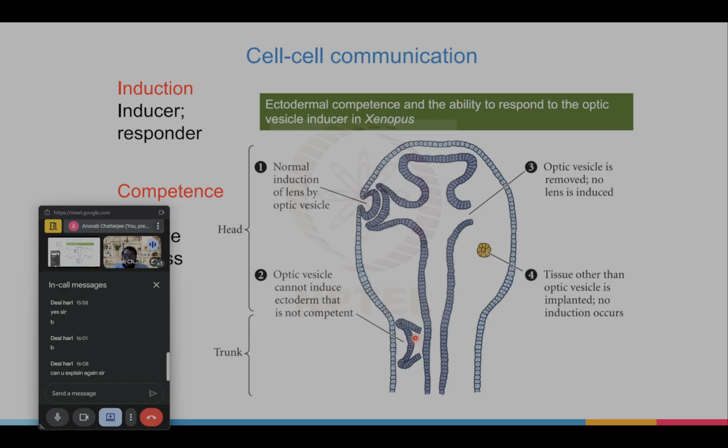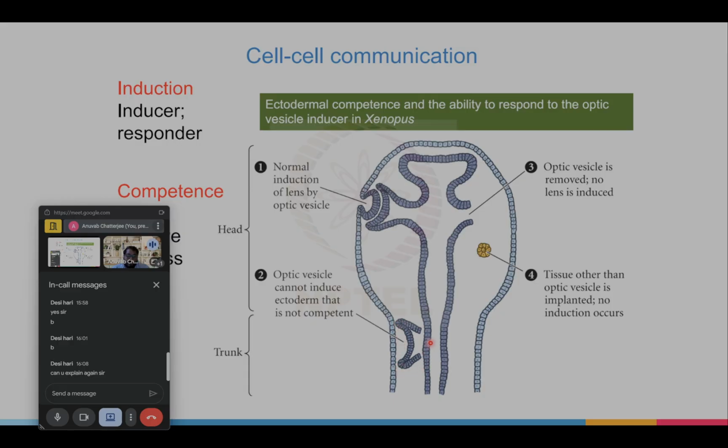And when I talk about throwing the ball and catching it, actually I'm making an analogy to cell-cell signaling, which we will see at the end of the entire thing. Cells communicate by throwing out molecules towards each other. So one has to throw the molecule and the other has to be able to catch it. If this guy is not able to catch it, it doesn't matter how many times I throw. There will be no changes here, which is what we see here.